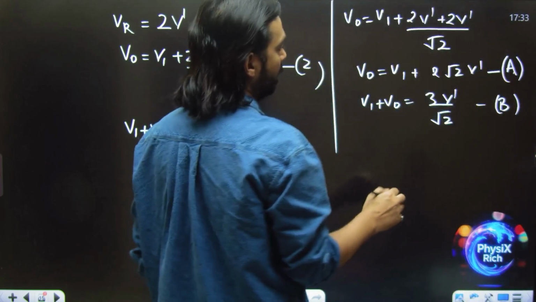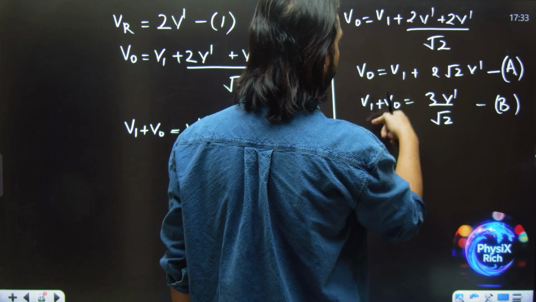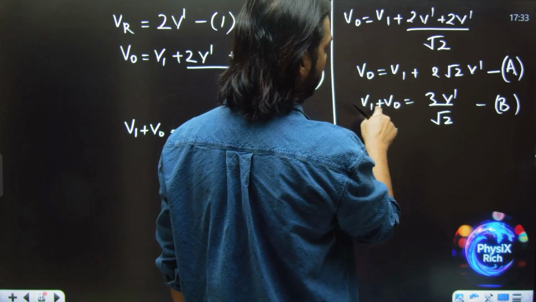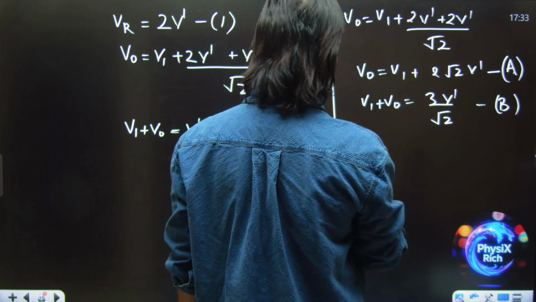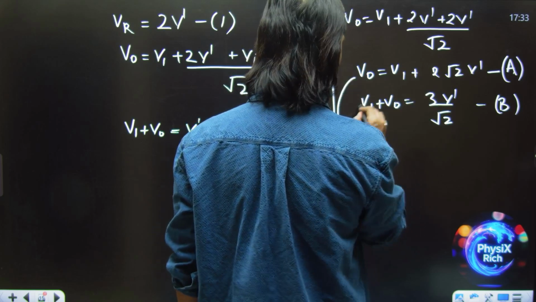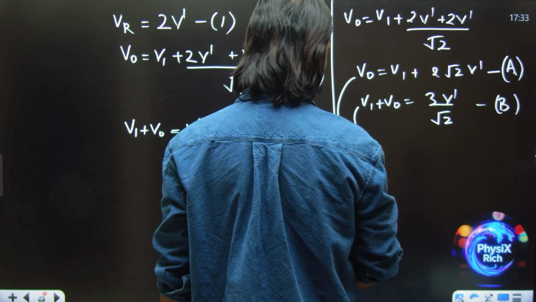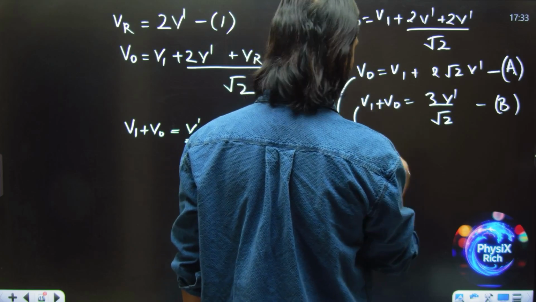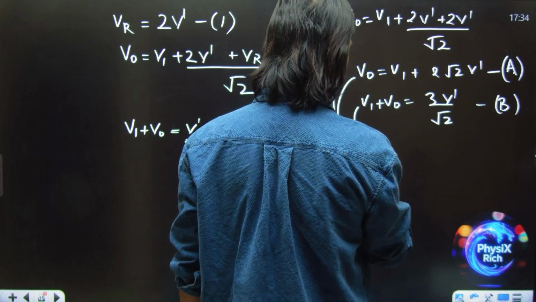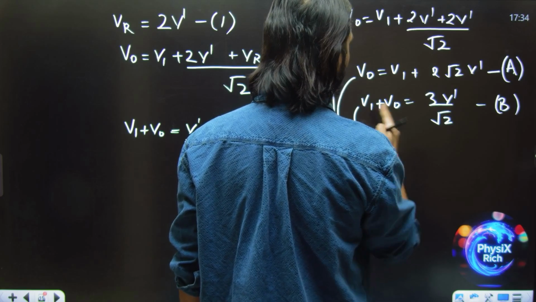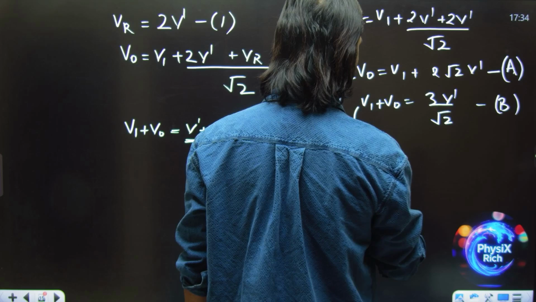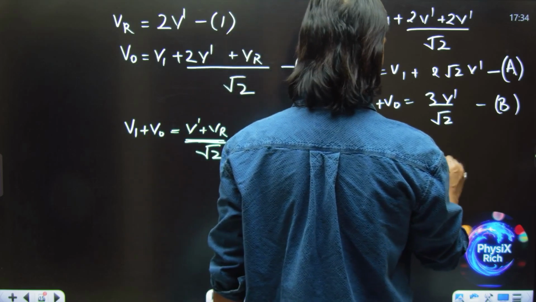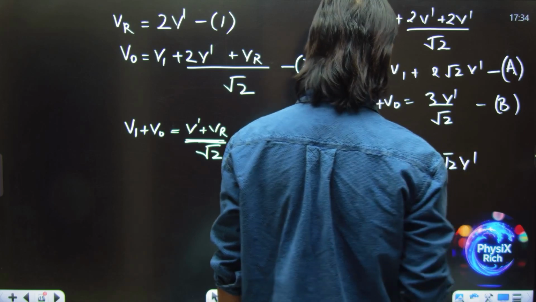What do we get? We can eliminate V1 quite simply. Yeah, we can put the value of V1 as 3V dash by root 2 minus V0. So let's put that. So from here we get V0 equals, V1 is 3V dash by root 2 minus V0 plus 2 root 2 V dash.